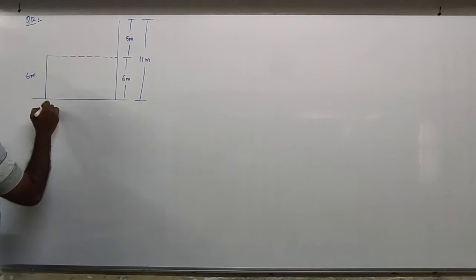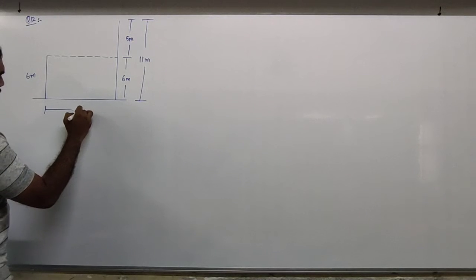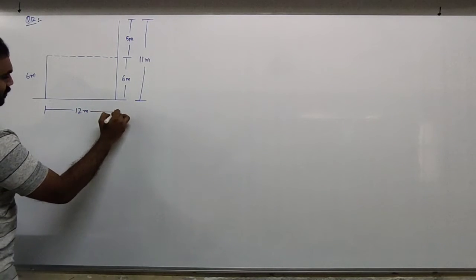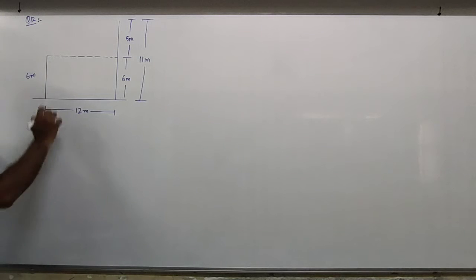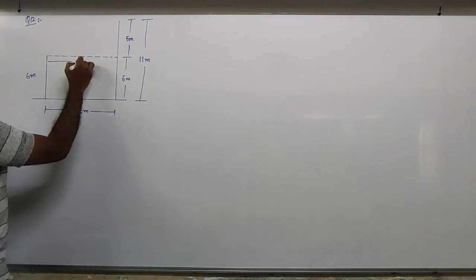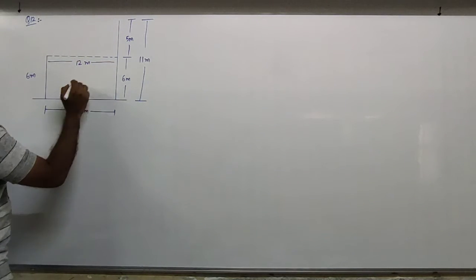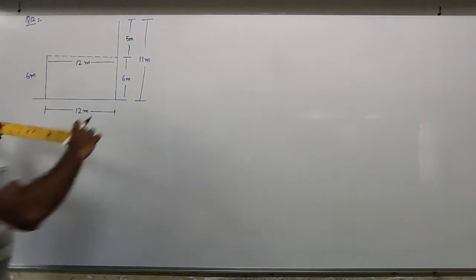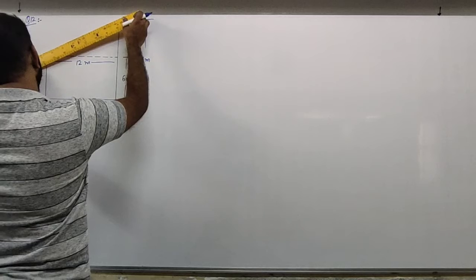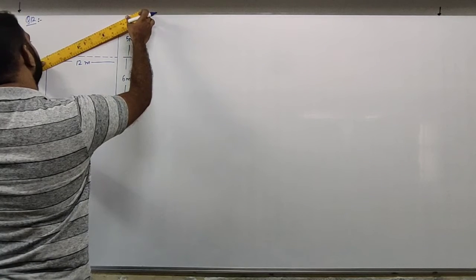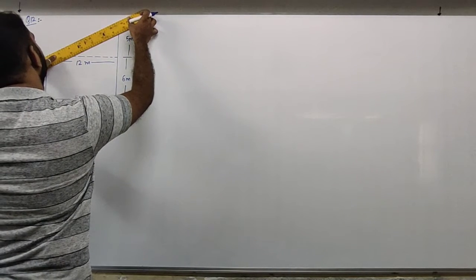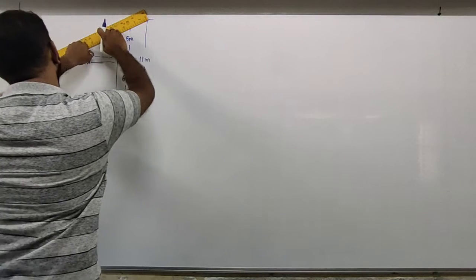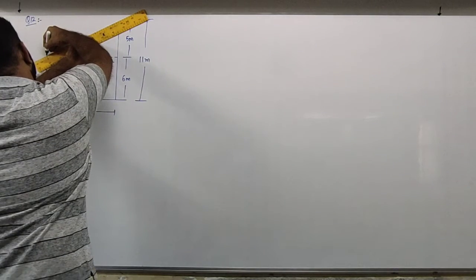So our two feet, 12 meter distance ઉપર હોય તો આ પણ 12 meter distance ઉપર જ હશે. Right? We need to find out the distance between their tops. એટલે કે અહીંયાથી એક slanting line draw કરો. આ side.